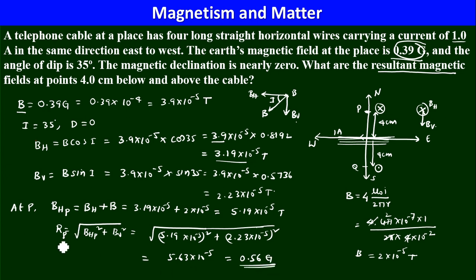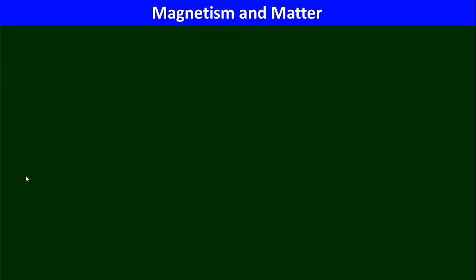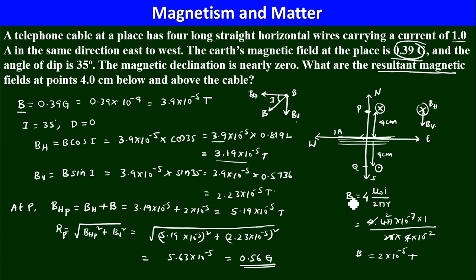What about the resultant magnetic field at Q? Let us find that out in the next slide, because space is not there here. So please remember this. Here at point Q, the horizontal magnetic field because of Earth is into the page, and because of these wires, the magnetic field will be outwards. So you have to take one minus the other.